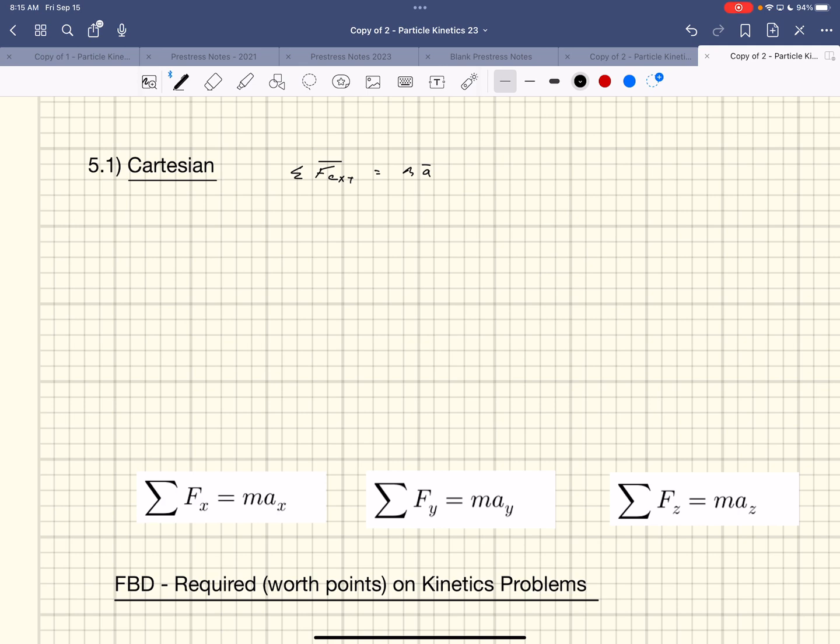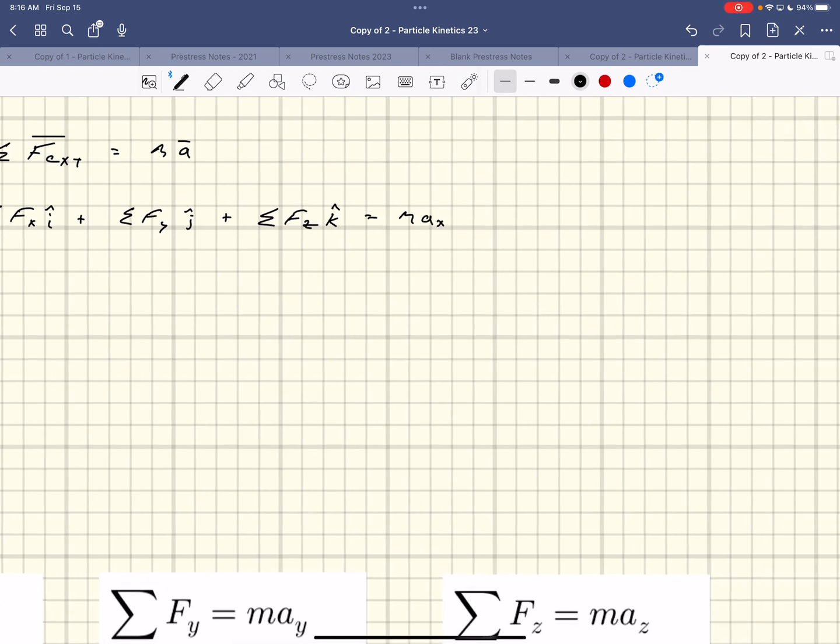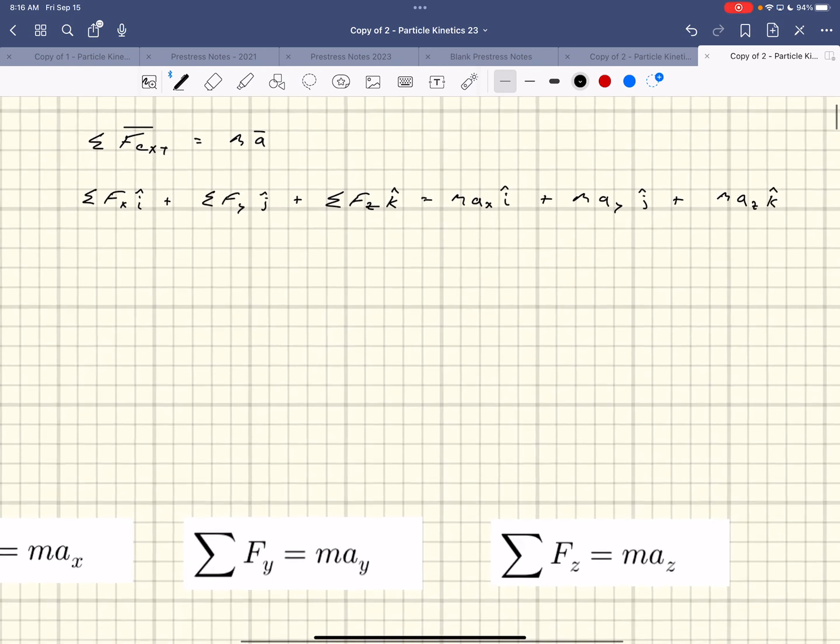If we explode this vector, what we get is the sum of the forces in the x direction in the i, plus the sum of the forces in y in the j, plus the sum of the forces in z in the k, is equal to mass times acceleration x in the i, plus mass times acceleration y in the j, plus mass times acceleration z in the k.